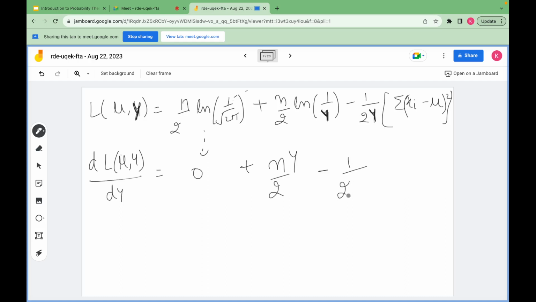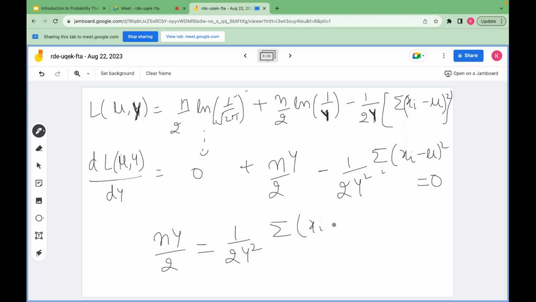This will become 1 upon 2 y square, into sigma, this will remain constant, and when we equate this to 0, this will become something like this. This 2 will cancel.